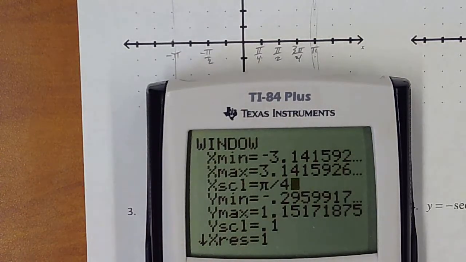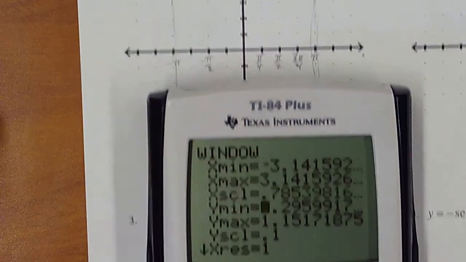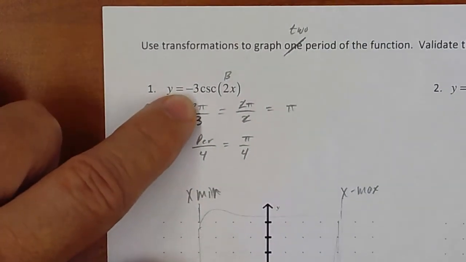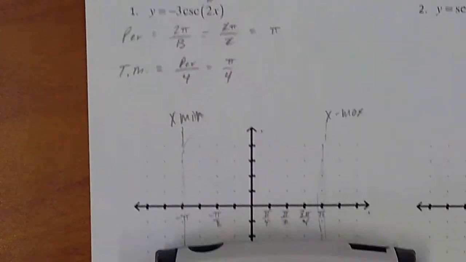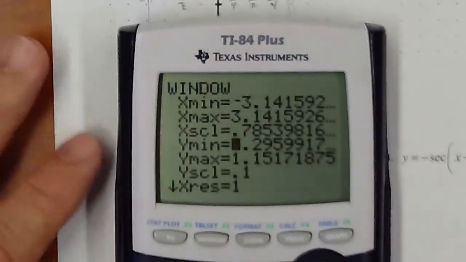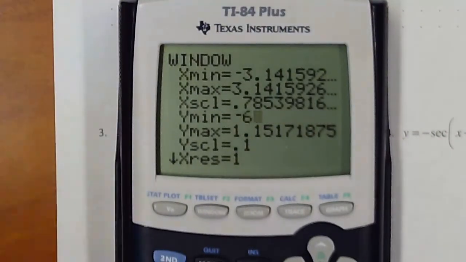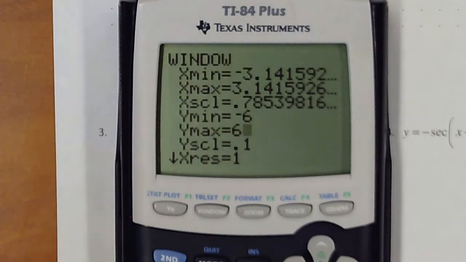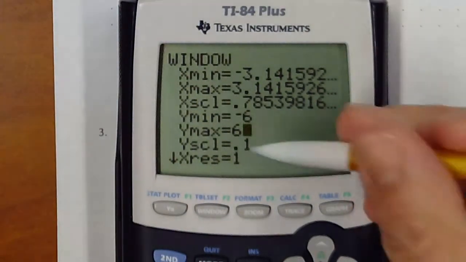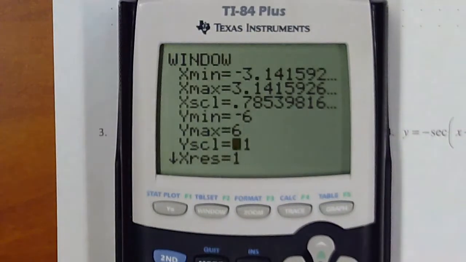Now Y min and Y max, you just play with this number. It does stretch the height a little bit. So let's start with -6 to 6, but you can play with these depending on your experience, and you'll get better at knowing how high to go. Adjust that as needed. And we probably want a Y scale of 1, not 0.1 like I have right now.